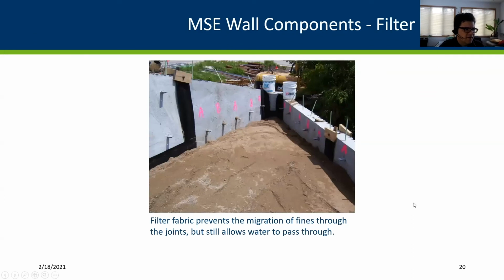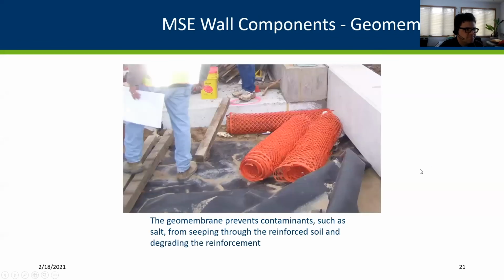Some other of the components that you'll see for these thin panel walls are the filter fabric that is placed over the joints in the wall. That's to prevent soil from working its way out, but it allows water to pass through so that we have a good drained soil material. And then at the top, we'll put a geomembrane.